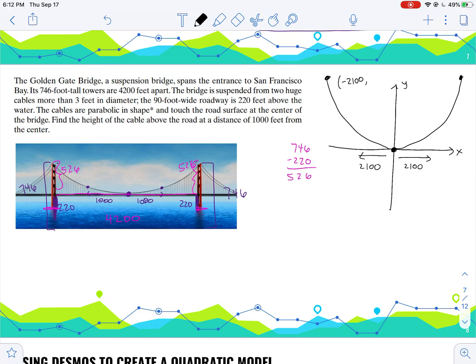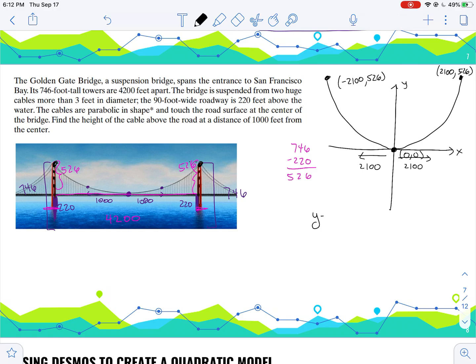And then these two points here would be, I went out negative 2,100 in this direction, and I went out positive 2,100 in this direction. And then I went up 526 feet for each of those heights. So that's 526. This is 526. And then that's the point 0, 0. That's one way to think through the problem.